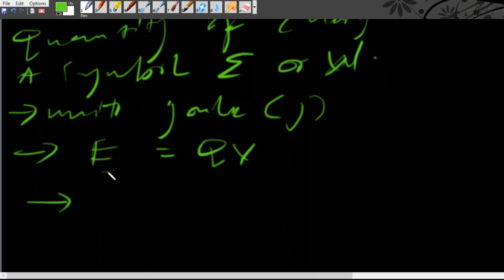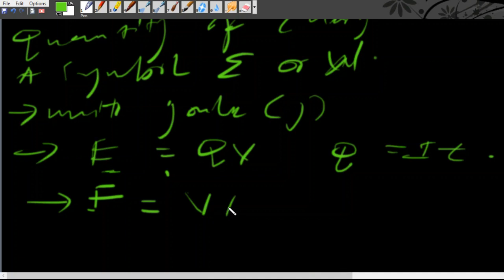From this formula, you can also write other formulas. Our energy is equal to, we know that Q can be broken down into current multiplied by T. So we can also say that E is equal to V I T.